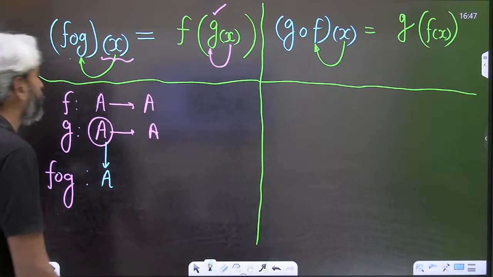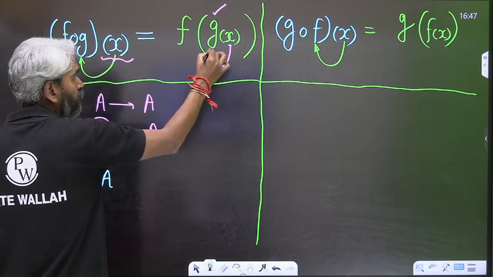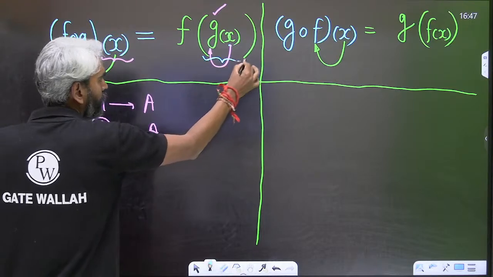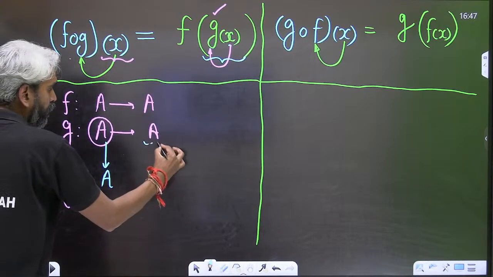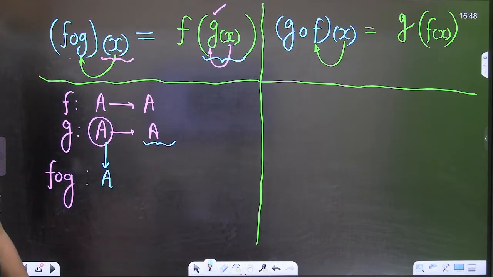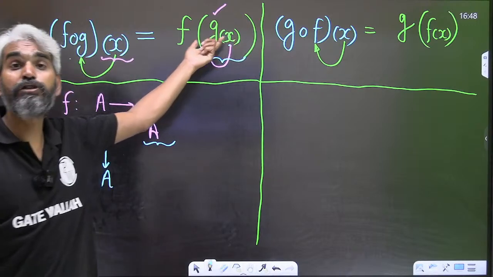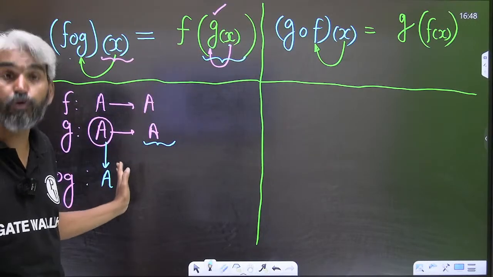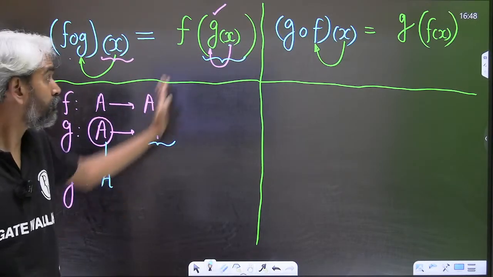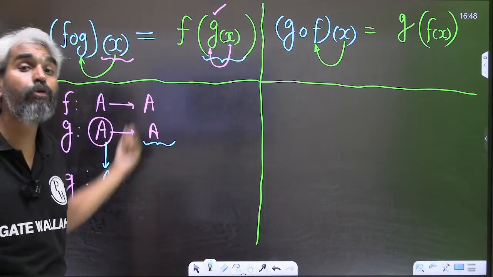Now the idea is this x will be passed to function g, and g of x will be a value from the codomain of function g. So g of x will produce an output from the codomain of function g.